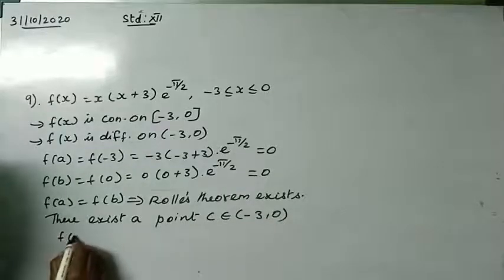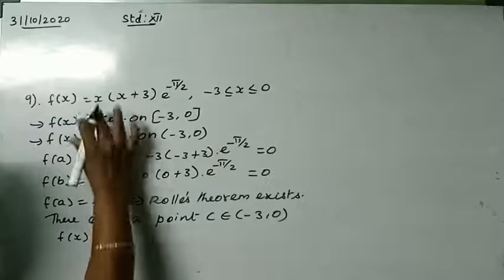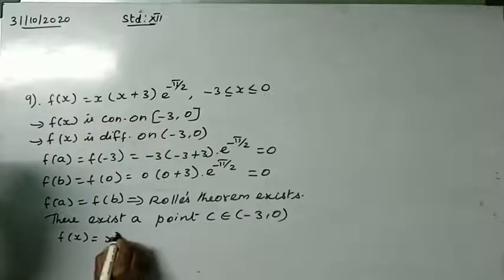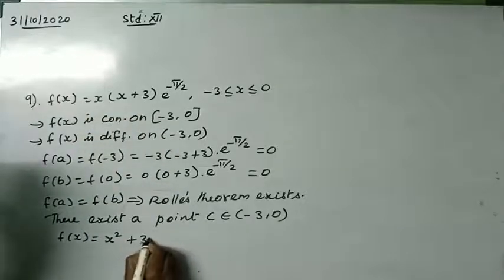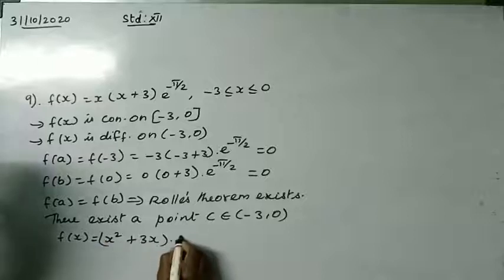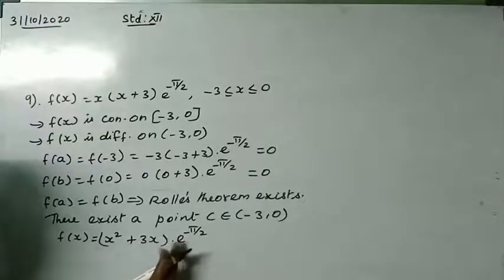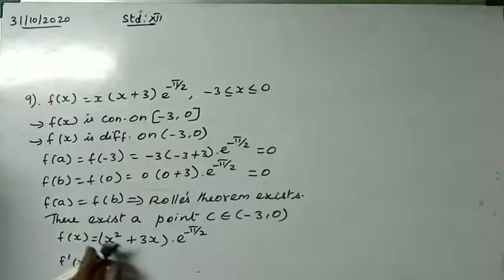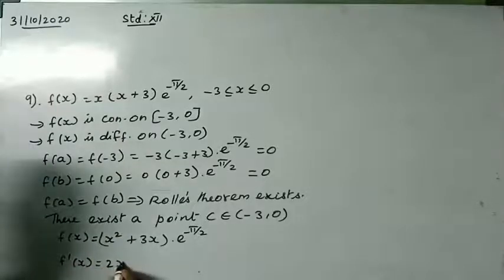Then take f of x equals, now multiply this x inside and write x square plus 3x into e power minus pi by 2. Now take this as a constant. Now differentiate this function. f dash of x equals x square differentiated gives 2x, plus 3x differentiated gives 3, into e power minus pi by 2.